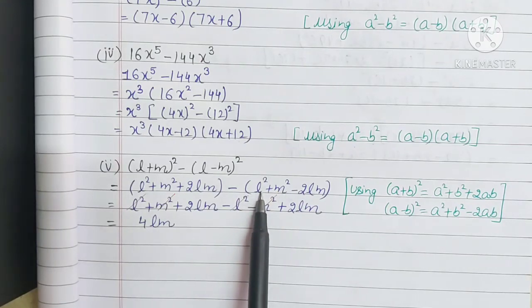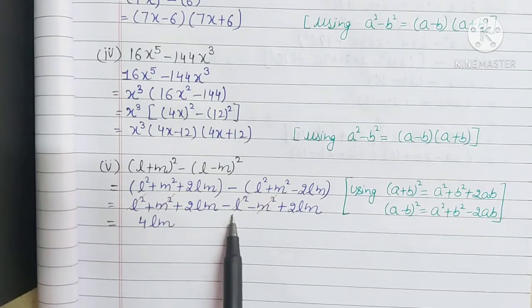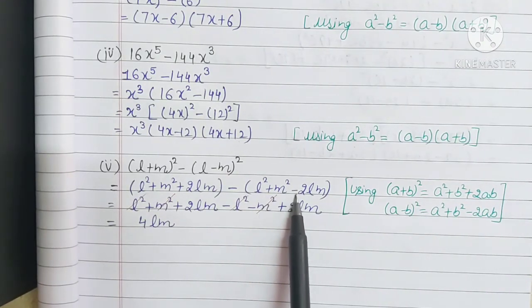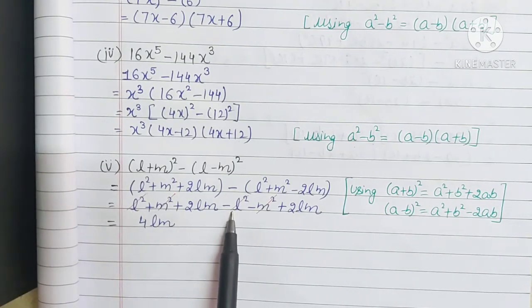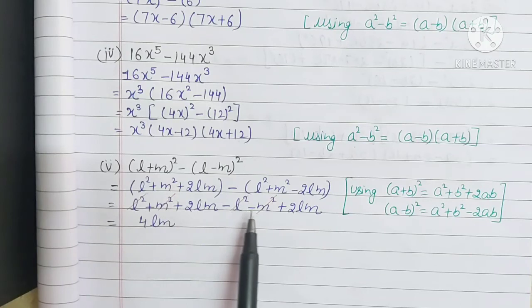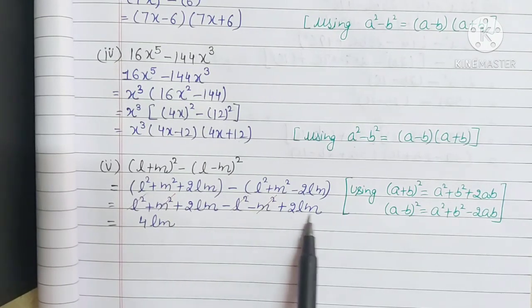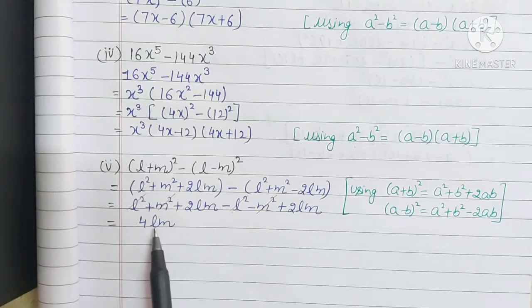It was plus L square, so when I open the bracket, it will be minus L square, it will be minus M square, and it will be plus 2LM. Now we can see L square minus L square we can cancel, M square and minus M square we can cancel. What is left? 2LM plus 2LM is left. That is actually 2 plus 2, that is 4LM.